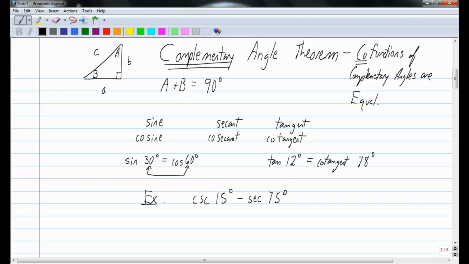Then cosecant of 15 is the same thing as the secant of 75, right? Because they're cofunctions, and those angles add up to be 90 degrees. So by changing cosecant into secant, now you see this is something subtracted from itself. So that's 0. We don't even have to know what those angle measures are equal to, and we're able to manipulate them and work out the problem.